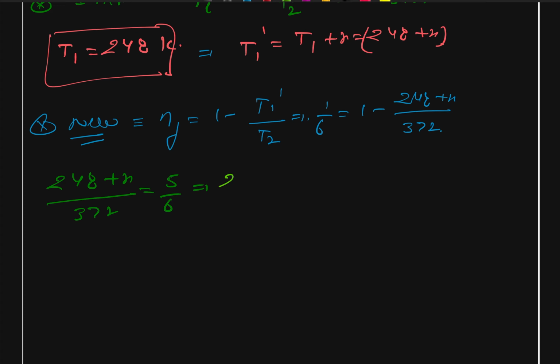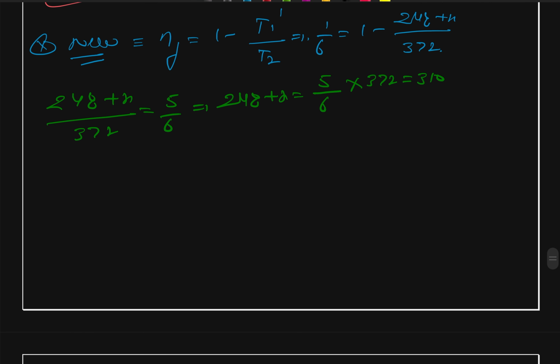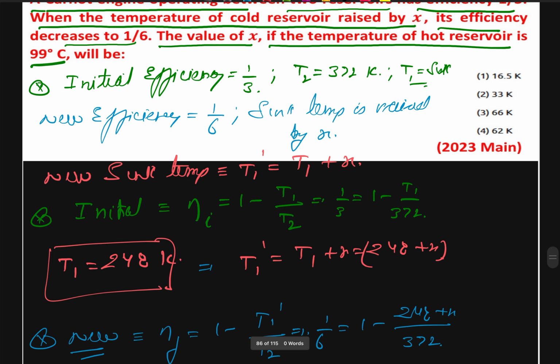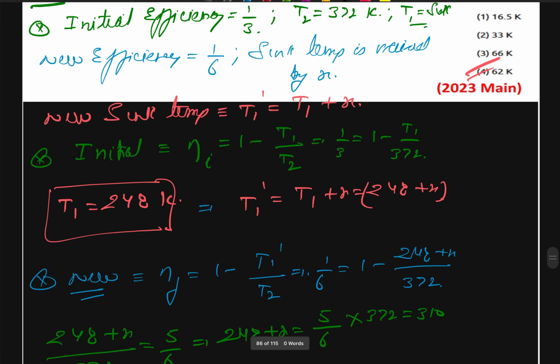So we get 248 plus x is equal to 5 by 6 multiplied by 372, which comes to 310. Therefore our x will be equal to 310 minus 248, which gives us x equal to 62 Kelvin. So option 4 is correct.